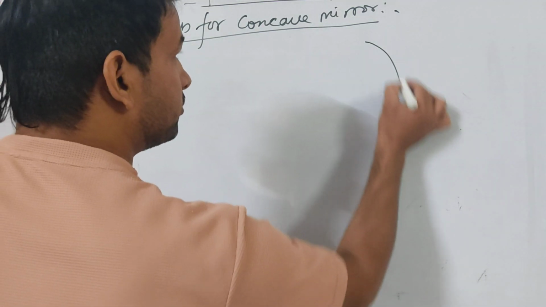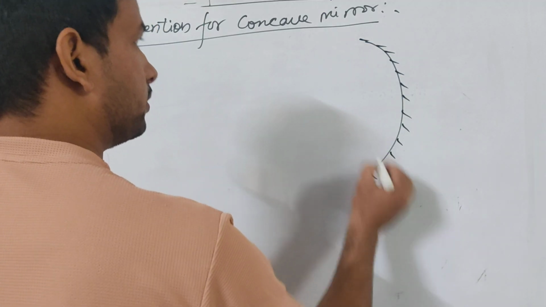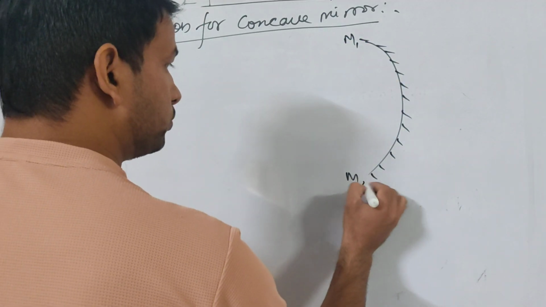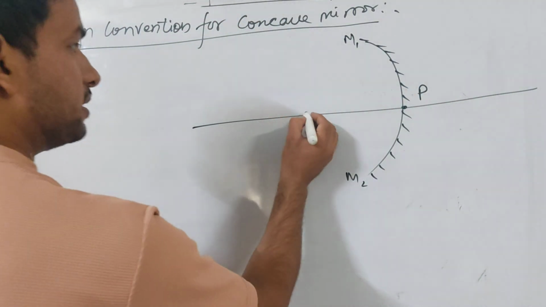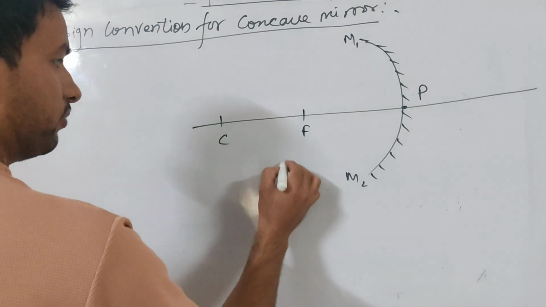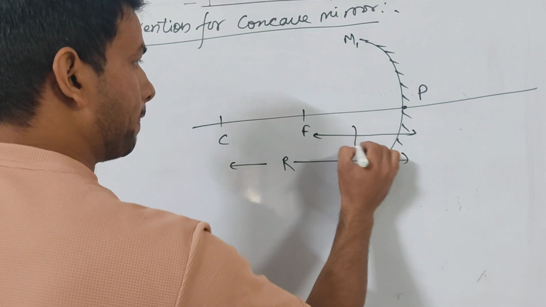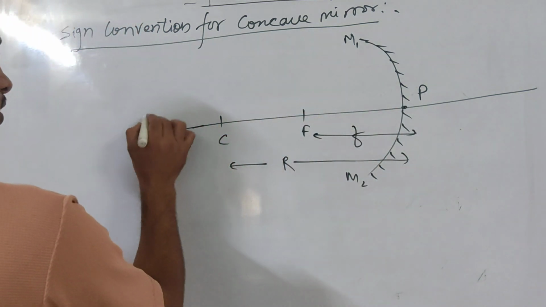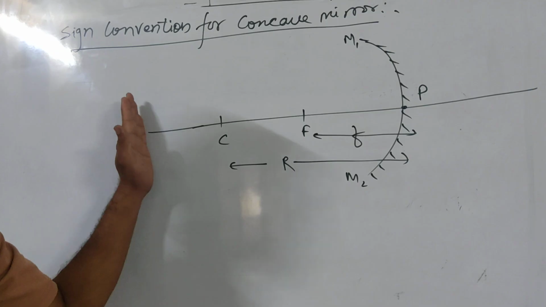This is a concave mirror, M1, M2. This is a straight line. There is a pole. This is focus, this is optical center, which is at r distance, and this one is f, and this is pole. Object will be situated always in these situations here.